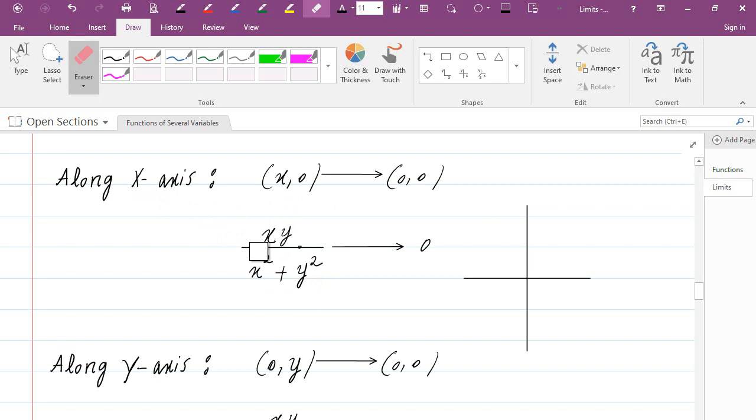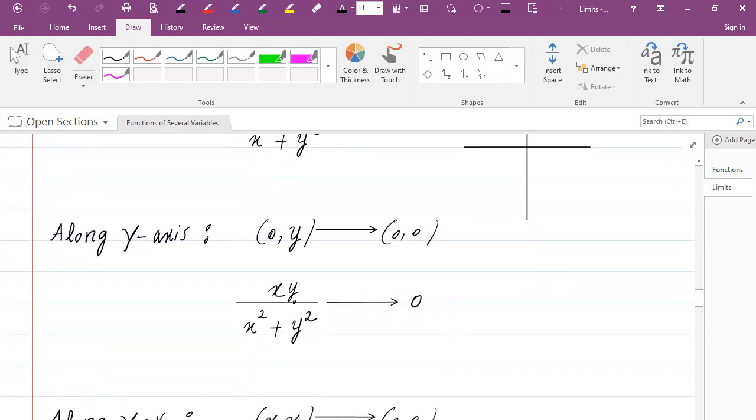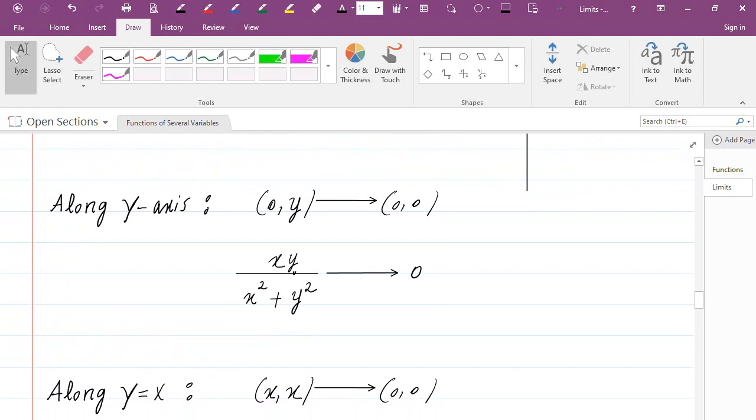On the x-axis, the value of the function is always 0, so the limit would be 0. And if we approach (0, 0) along the y-axis, then the x coordinate will always be 0, so the value of the function on the y-axis is 0. As a result, the limit will also be 0.